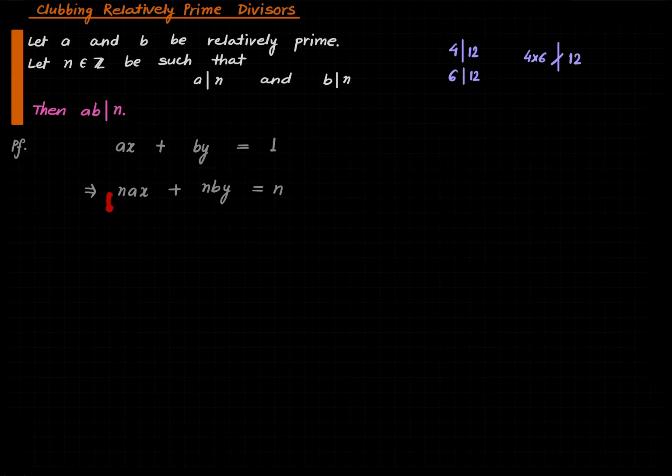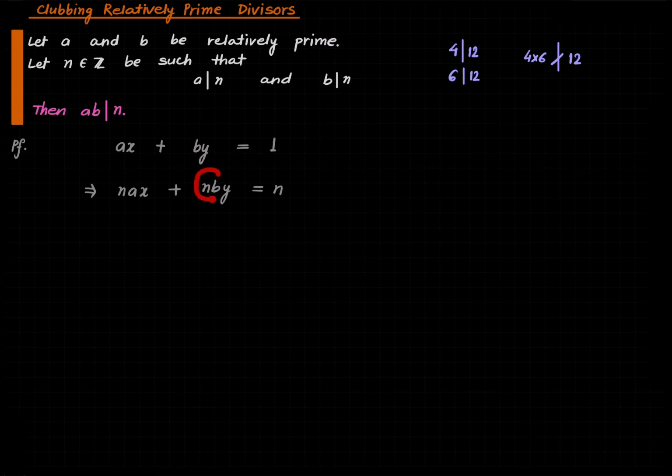So how are we going to show that the LHS is divisible by a times b? We claim that this term is divisible by a times b, and so is this term. Why is this divisible by a times b? Well, this is already divisible by a, and by hypothesis n is divisible by b. So n times a is divisible by b times a, and by the same reasoning n times b is divisible by a times b, since b is divisible by b and n is divisible by a by hypothesis.